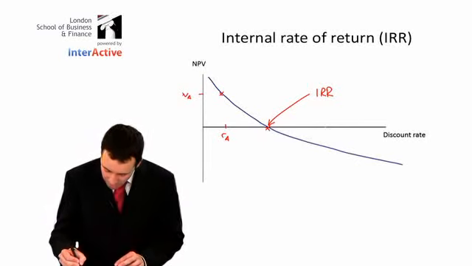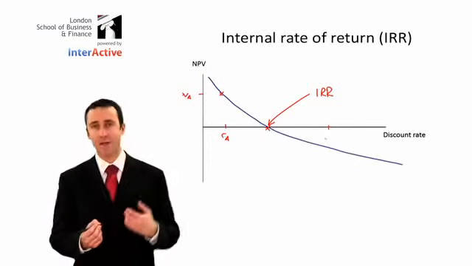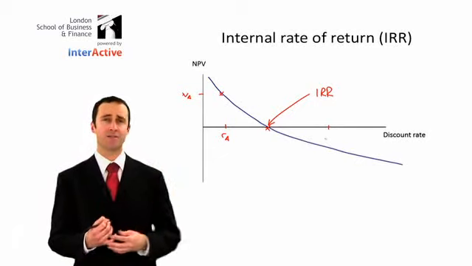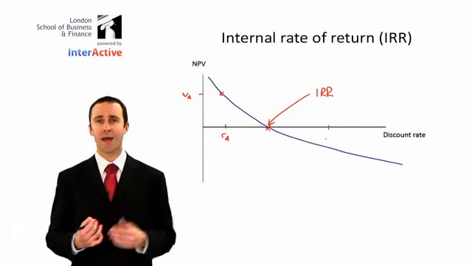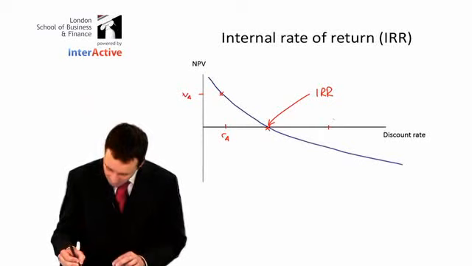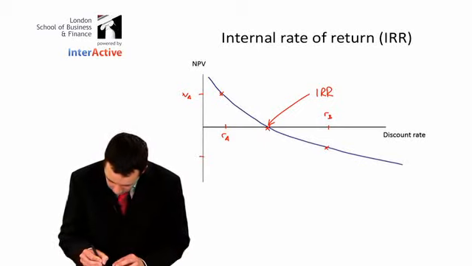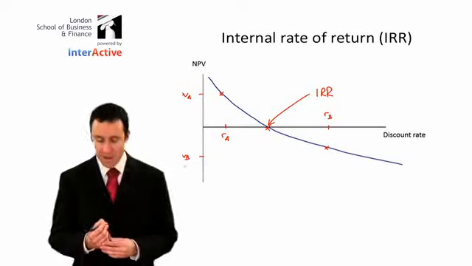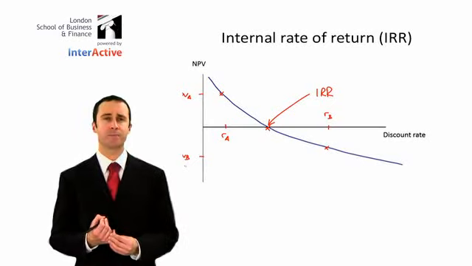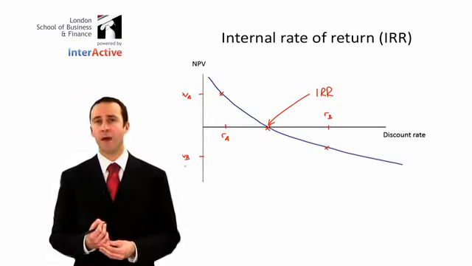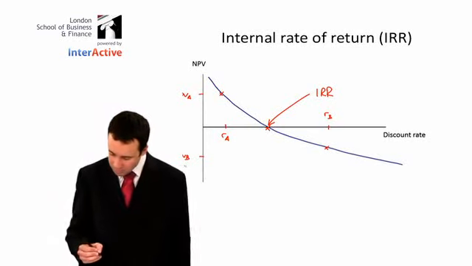We'll then increase our discount rate to try and reduce the present value of the future cash flows and get a more negative NPV. So we'll refer to that point as RB, and that will give us a corresponding NPV at point B, which we'll call NPV-B.